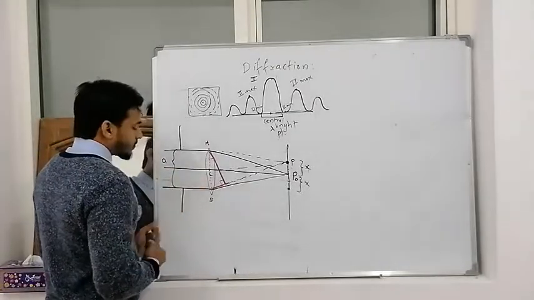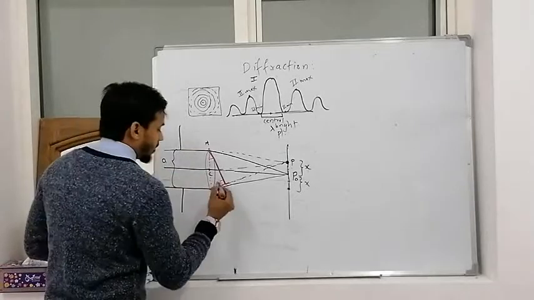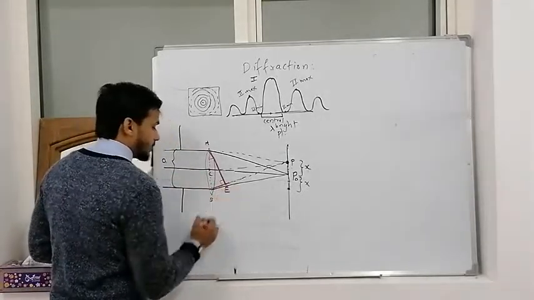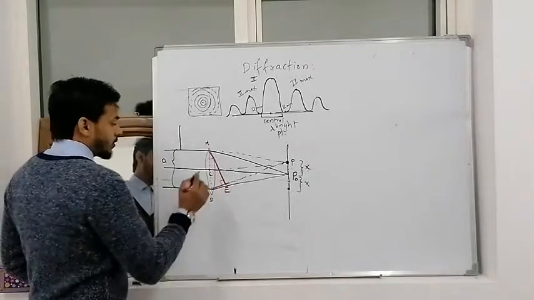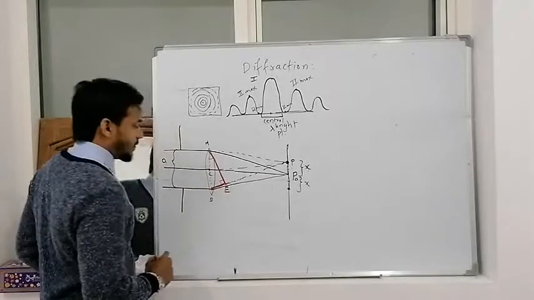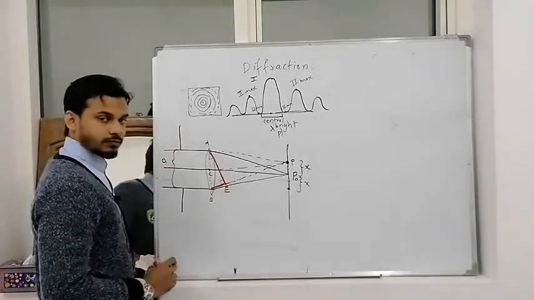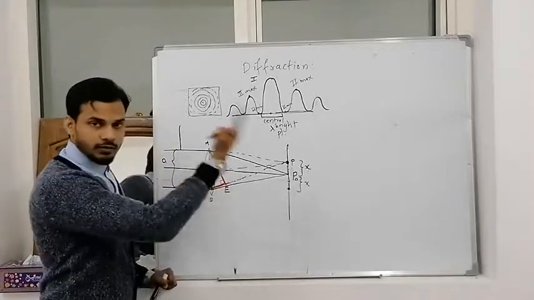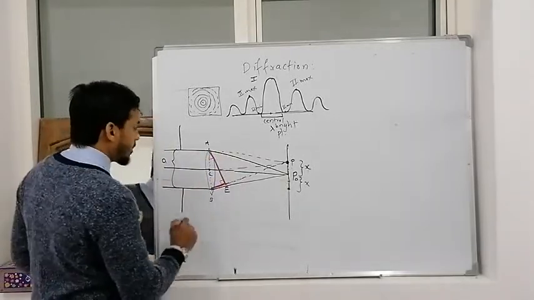So what is the path difference? I will write the name of this point where I have taken the perpendicular, that is E. This BE is the path difference. Because of this, it is diffracted to the secondary minimum.